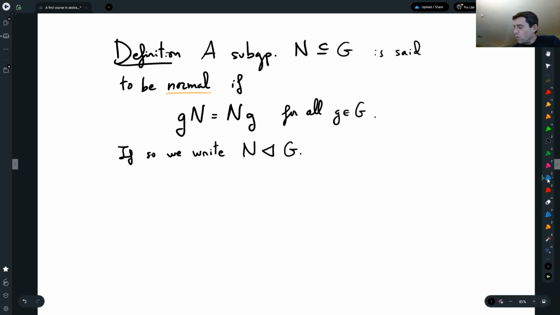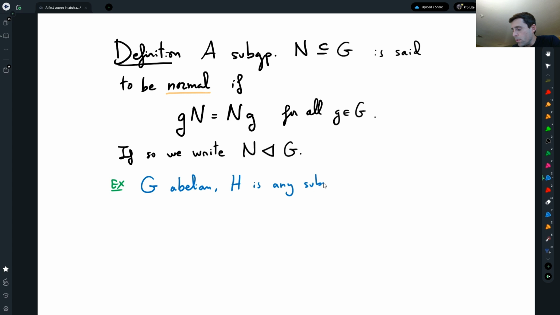So let me give you an example. First of all, if G is an abelian group and H is any subgroup, then H is normal in G. Why? Because take any g in G, and take a left coset.